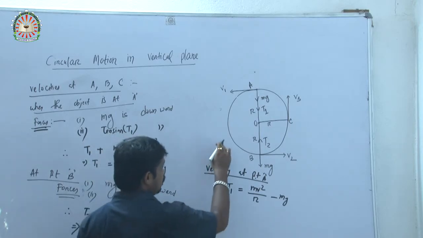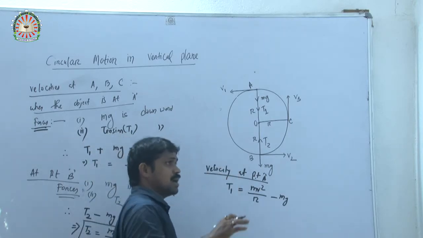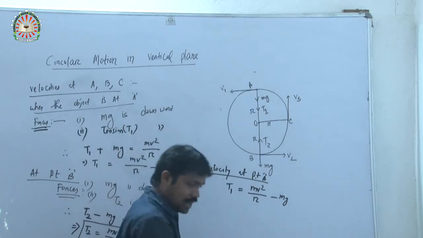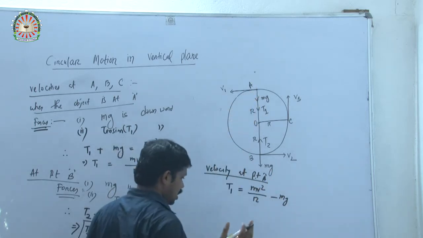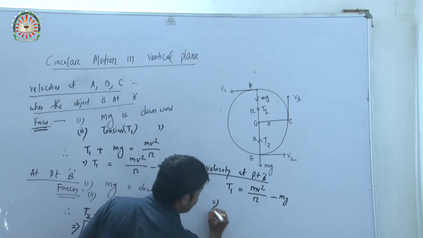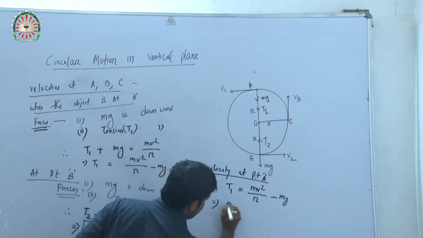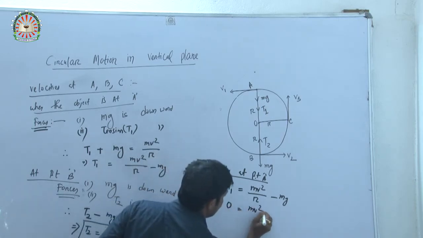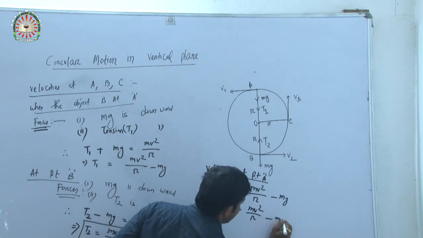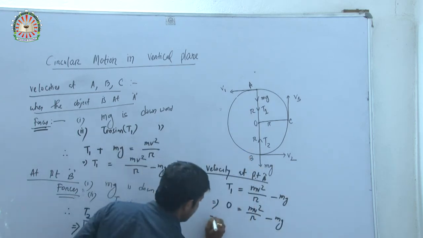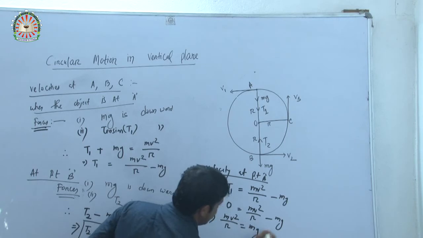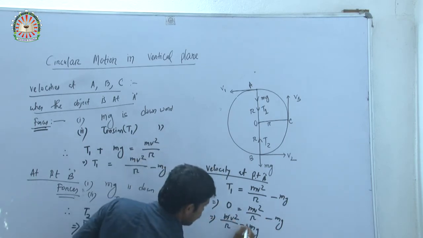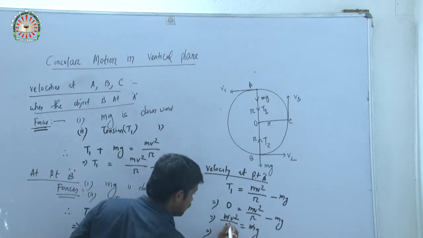If the velocity v1 is not maintained, then your string becomes slack or falls down and the tension becomes 0. This is the condition. So let us put the tension equal to 0. So 0 is equal to mv square by r minus mg. Clear? So that implies mv square by r is equal to mg. Okay, so m cancels out. So what is my minimum velocity?